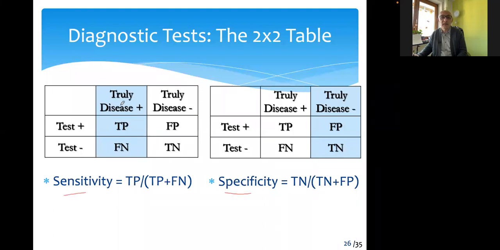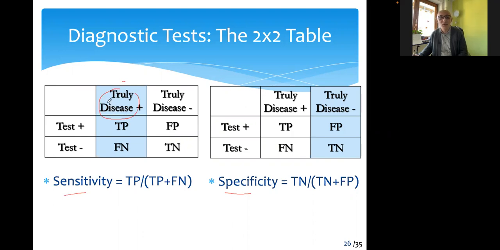Very easy. You can think logically and try to find it. Always draw this four-cell table, 2x2 table, and then think: sensitivity means from those who have the disease, somehow you know who has the diabetes. You need a gold standard, of course, to know who has the disease.